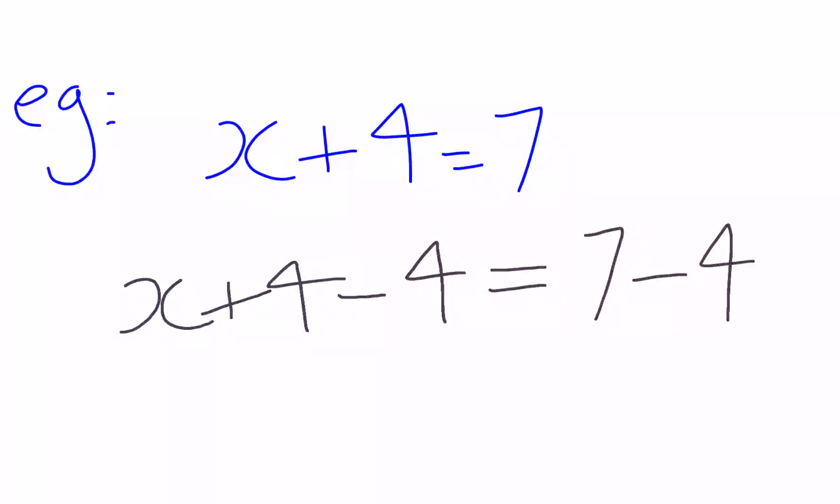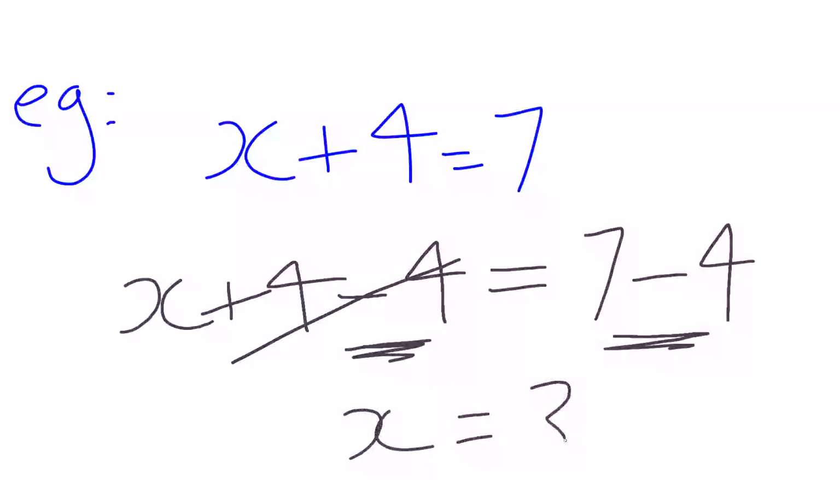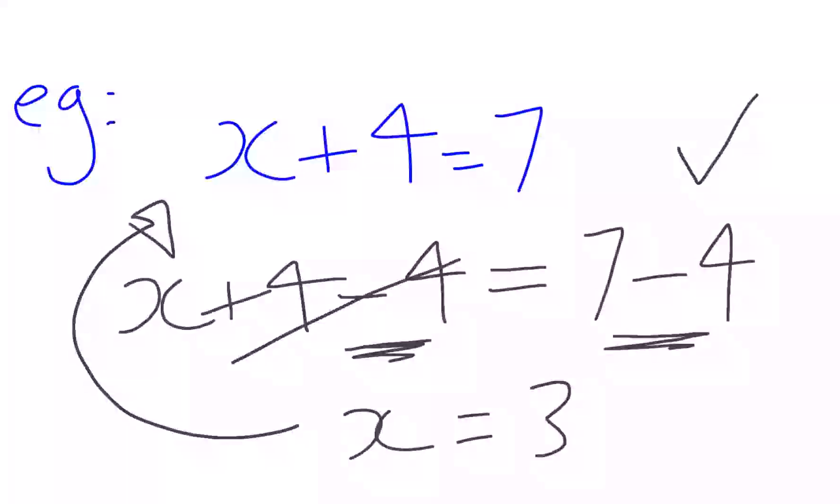Always put the thing that we want to do to both sides after the other things. Plus 4 minus 4 cancels out. X is 7 minus 4. X equals 3. And we can substitute it back in to check. Is 3 plus 4 7? Yes, it is. We're right.